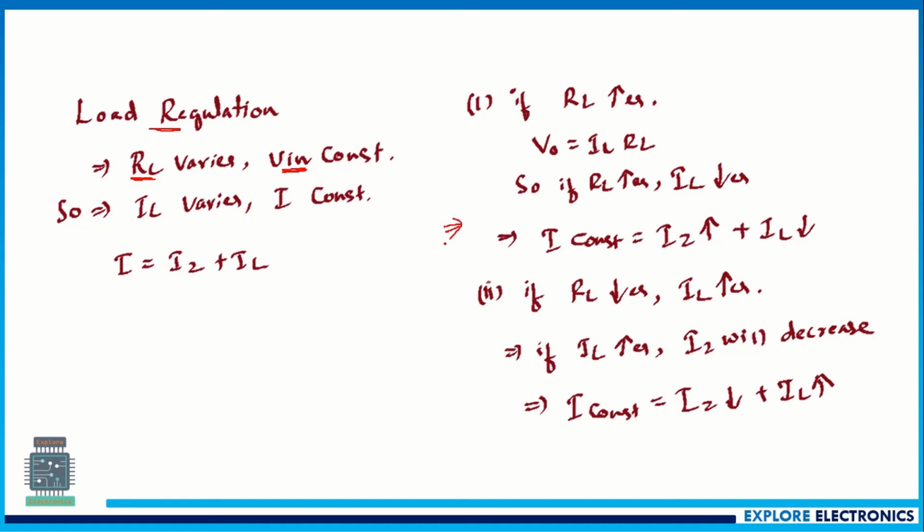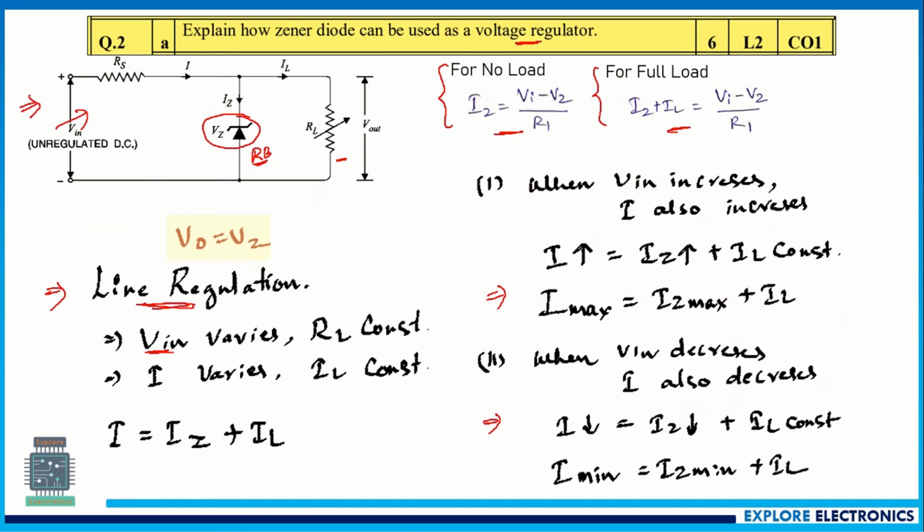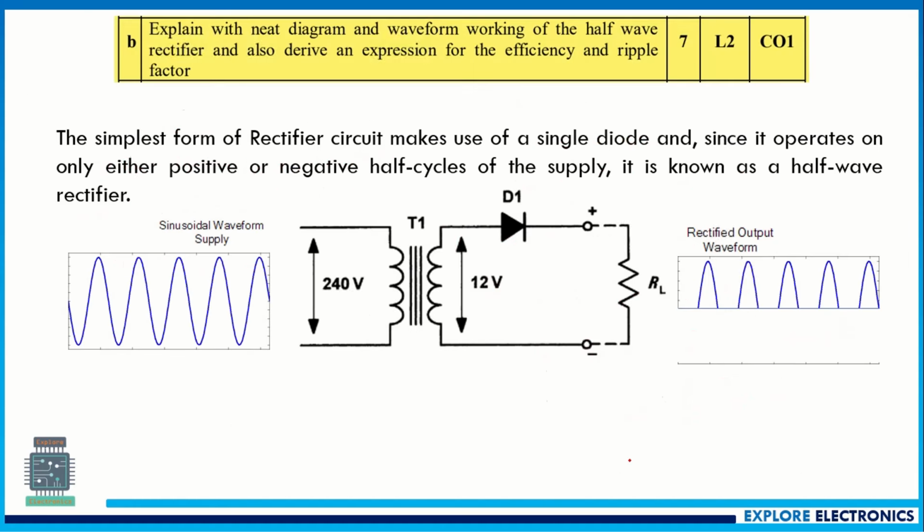In such a case, these are the variations in the current. The main thing here is how IZ compensates the total current. Here we also need to explain how this IZ increases or decreases accordingly, and it will compensate for the maximum and minimum current flowing through the circuit.